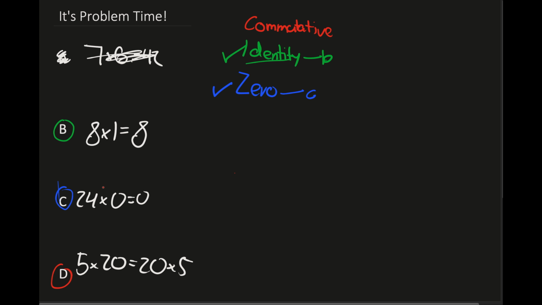That was the most confusing one out of them all. What this means is that 5 times 20 is also equal to 20 times 5 because they have the same product. So we got that one as D. That's correct. So identity was B, 0 was C, and commutative was D.